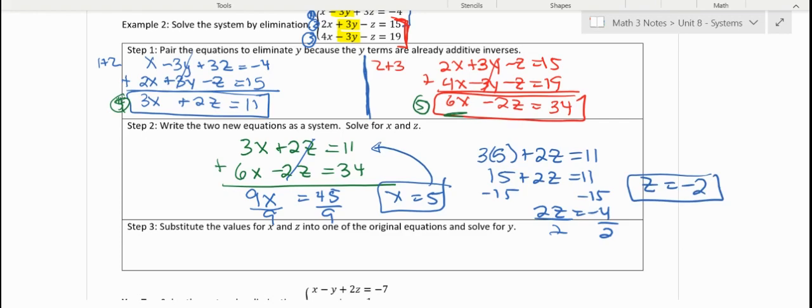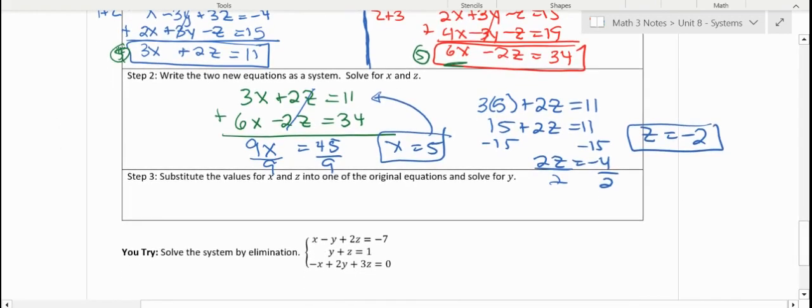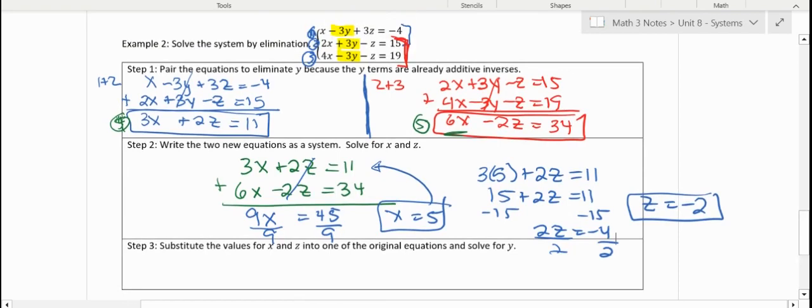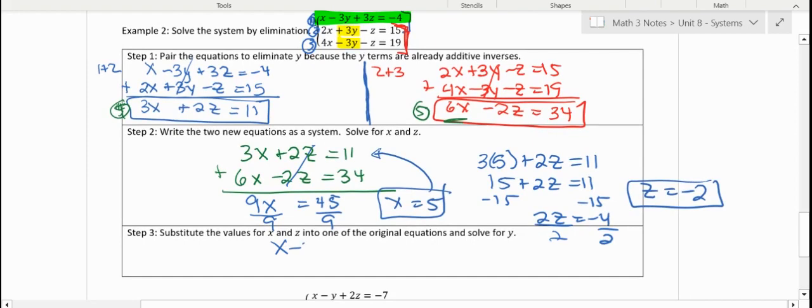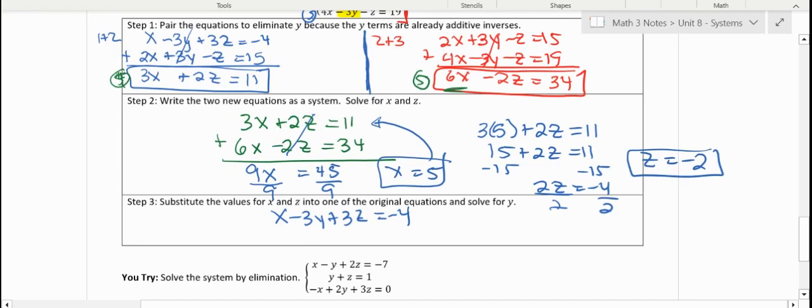All right, so we got x and z. And now we're going to take both of those and put them into one of the original equations. It doesn't matter which one you use. I might use, let's say, the top one. So if I rewrite it, I have x minus 3y plus 3z is negative 4. And then just take the values you just found and put them in.